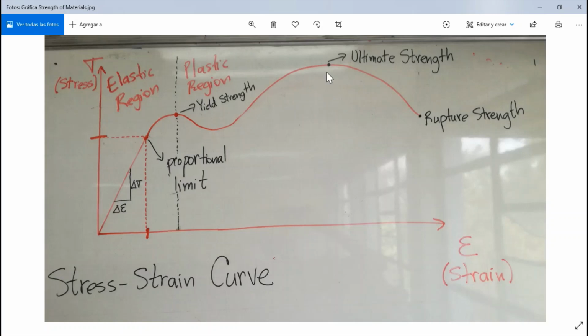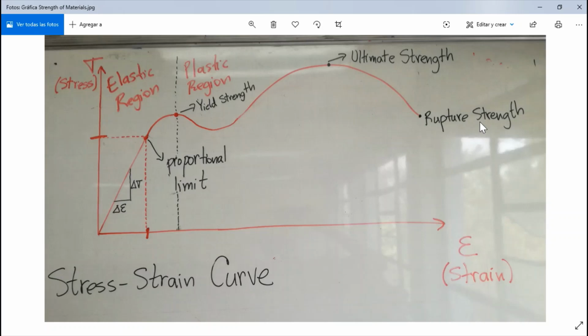That means the maximum stress that the spring will withstand, strength being a synonym of resist, right? The maximum strength that the spring will withstand without cracking. This is the top level of the strength that the spring will be able to hold until it starts cracking or internally breaking. After this point, the spring will start internally cracking until the rupture happens.